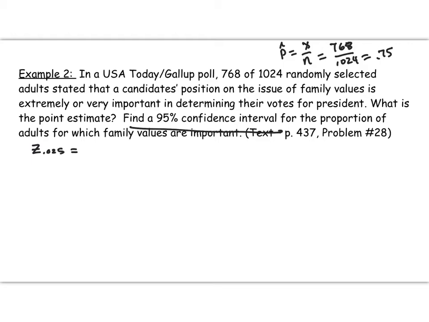And from our values earlier, we know that z is plus or minus 1.96. Remember, 95% confidence interval, 99% confidence interval, and 90% confidence interval are values you might want to memorize because we use those the most, especially this one. This is probably the most common one.